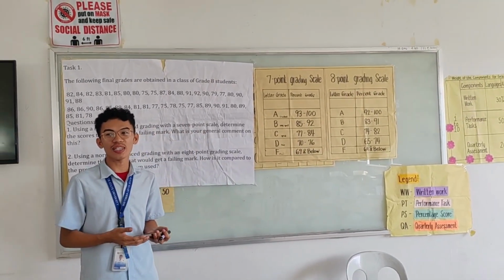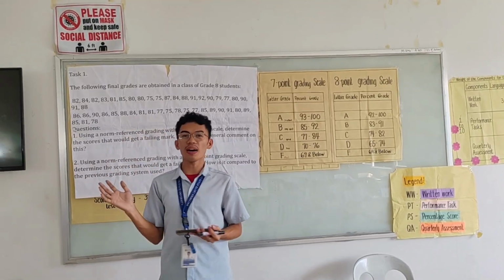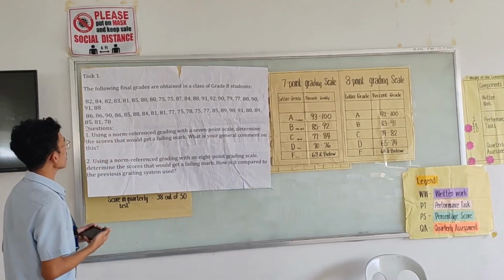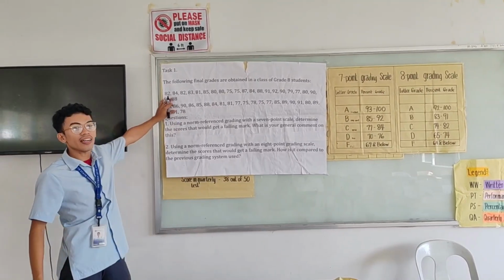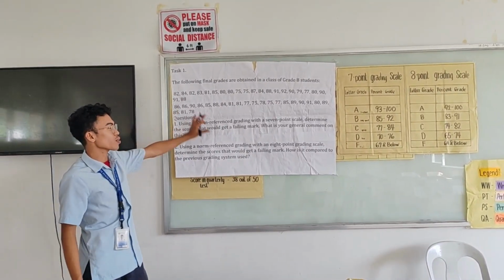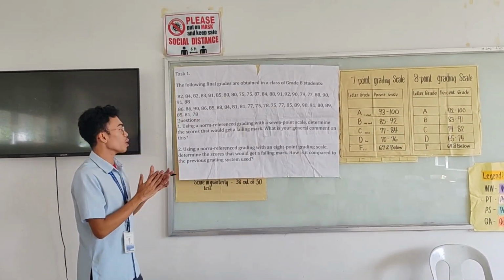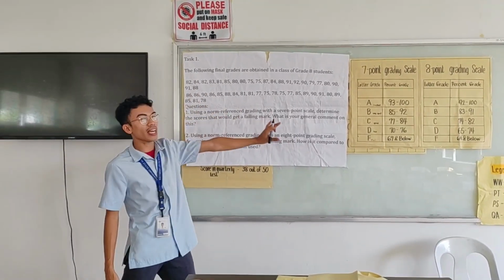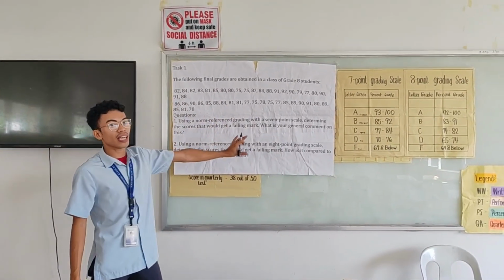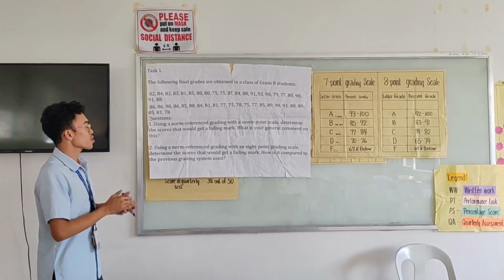Let's start our journey with task 1. In task 1, we have grades, and our task is to determine which grades have failed using the 7-point scale and the 8-point scale grading system.